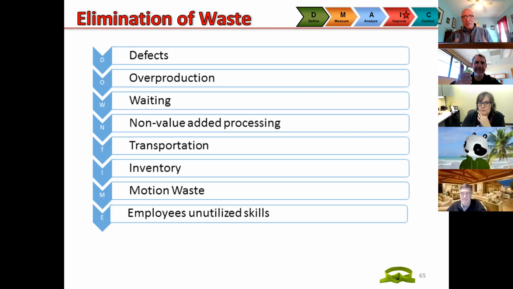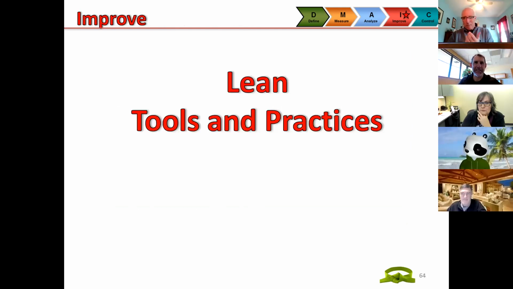All right, so let's get into it quickly. This might be a review for some people, but the lean tools and practices are all part of the improve phase. For those of you that saw my blog this week, I blogged about the PTA Oxford project on the assemblies.